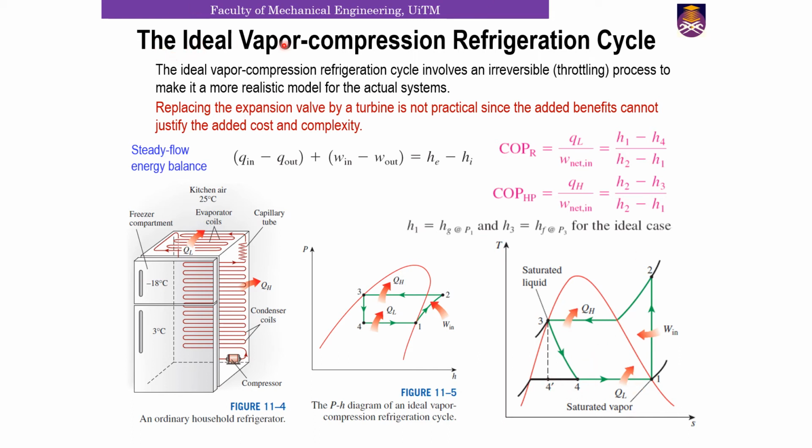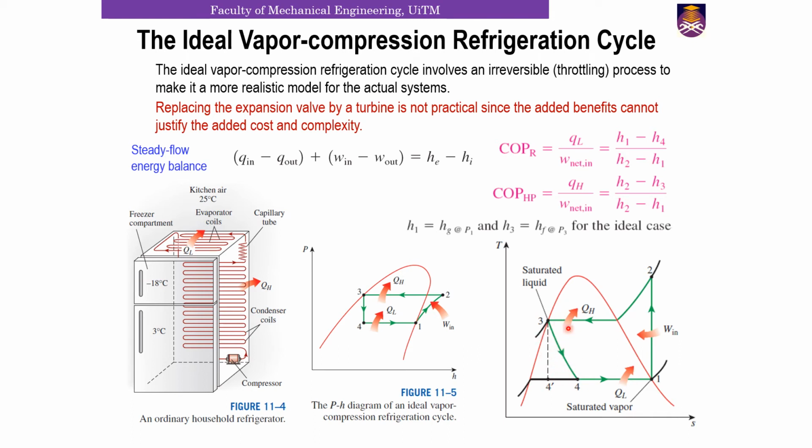Now why do we change to ideal? Again, as I've mentioned, we need the compressor to have only a single phase. And why do we replace the turbine? Imagine if this is your fridge and you have a turbine located here, it is going to be very costly and it is going to be a very complex design. Although if you look at the diagram here on the TS diagram, the cooling capacity is given by the area under the graph here. If you have a turbine, the process, instead of going from here to here, will go from 3 to 4 prime, which will give you the added cooling capacity here.